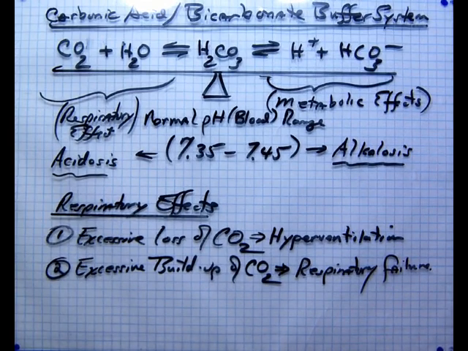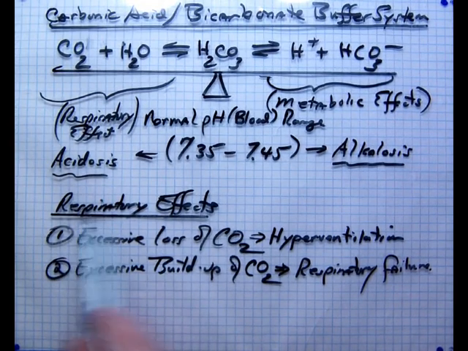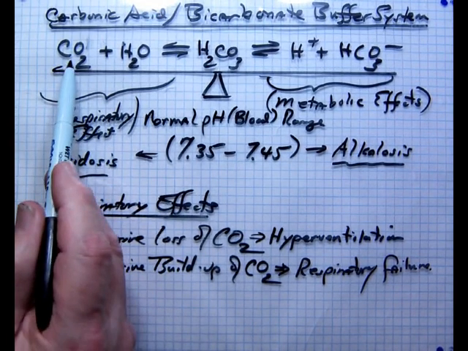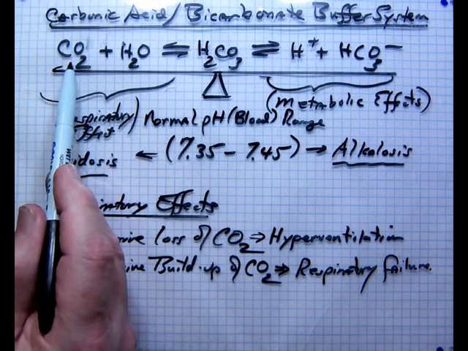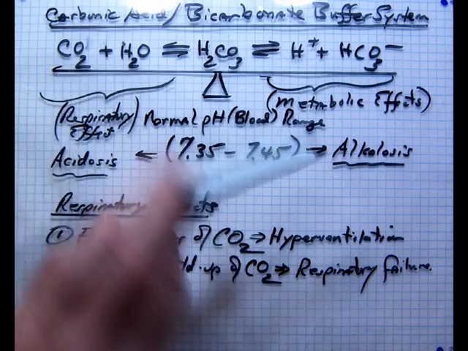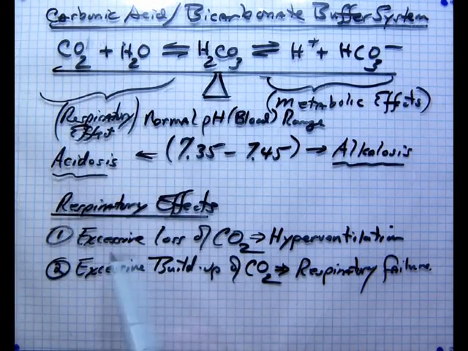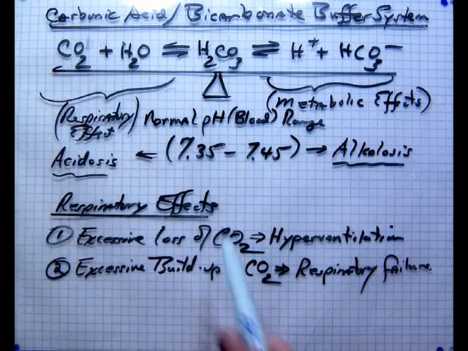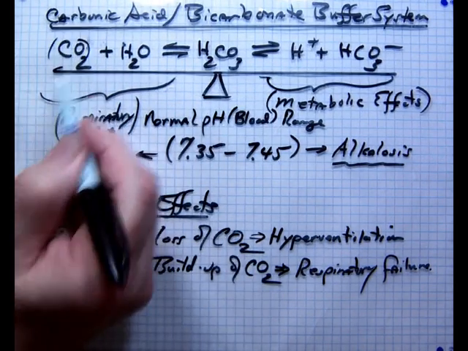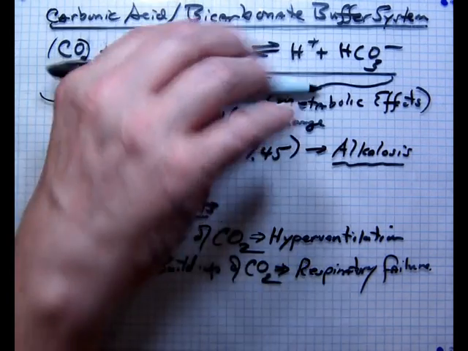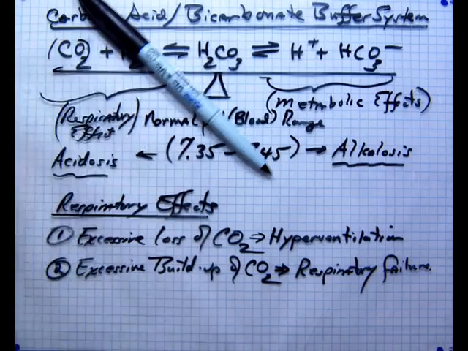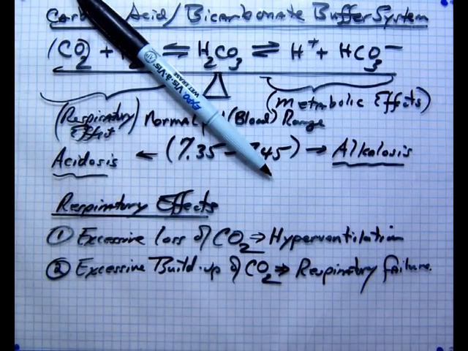So we can say respiratory failure. Well, in case one, we build up an excess of CO2 in the respiratory effect, that's going to load up the CO2 on this side, and that's going to cause your seesaw to tilt down like this. Excessive loss, excuse me, you lose a lot, that's going to create a hole here, sorry. And it's going to cause your seesaw to go like that, okay?